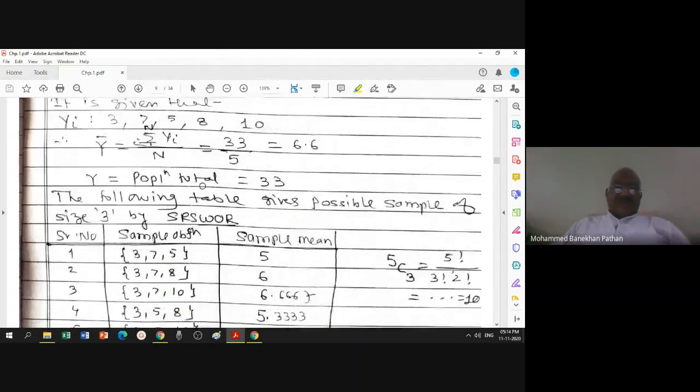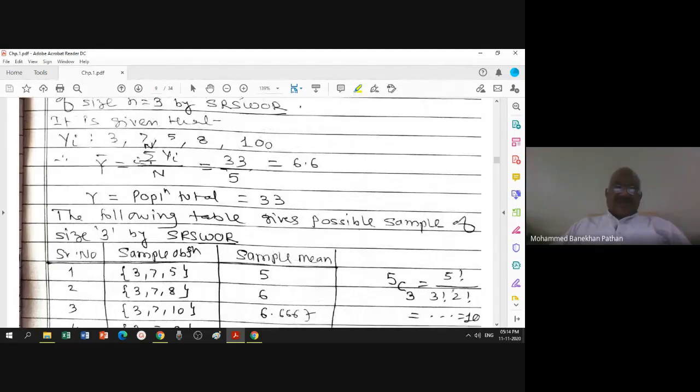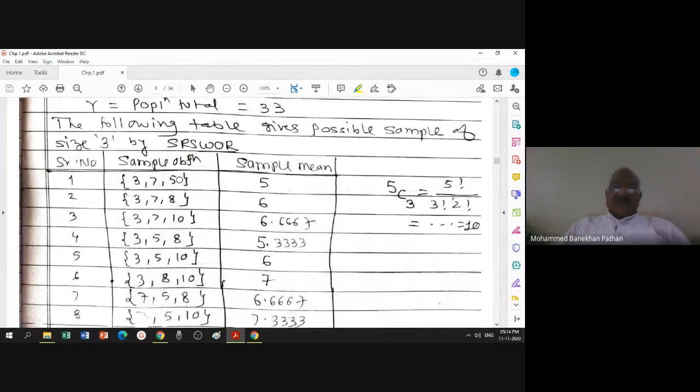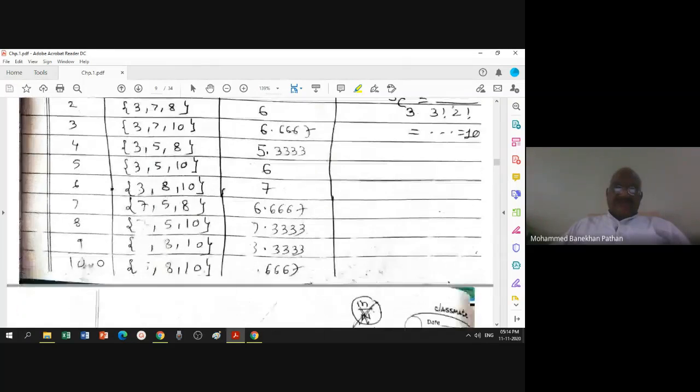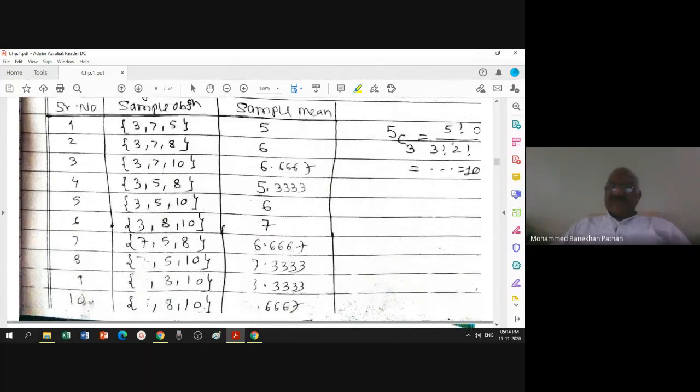So these are the values under study. My first sample will be 3, 7, 5, then 3, 7, 8, 3, 7, 10, 3, 5, 8. So this is the list of 10 possible samples of size 3 with their respective values, using this combination result: selecting 3 out of 5, 5 choose 3, the answer is 10.